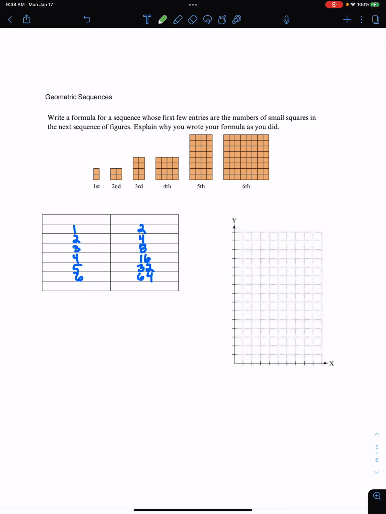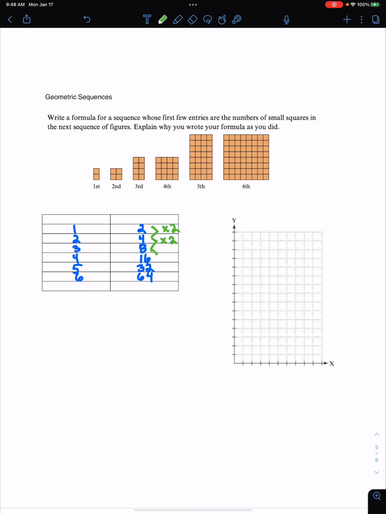So hopefully you paused the video and took a look at how these numbers are growing. And on the right side, you may have noticed that to get from 2 to 4, this time we're multiplying by 2. To get from 4 to 8, we're multiplying by 2.